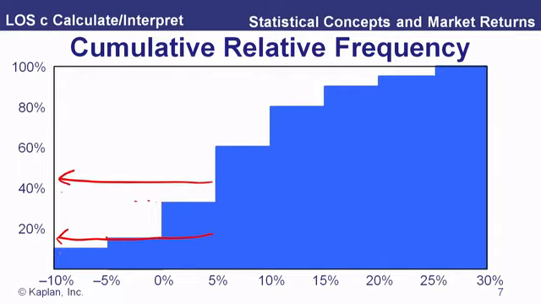Okay, so that's what we're measuring there with this height right here. And so by the time we get to the upper interval, we're up to 100%. So this is a cumulative relative frequency distribution. And what it shows you at any point is the probability of getting an observation of that size or smaller. So when we finally get to the end of the range of the variables, its highest outcomes, then 100% are to the left of that.